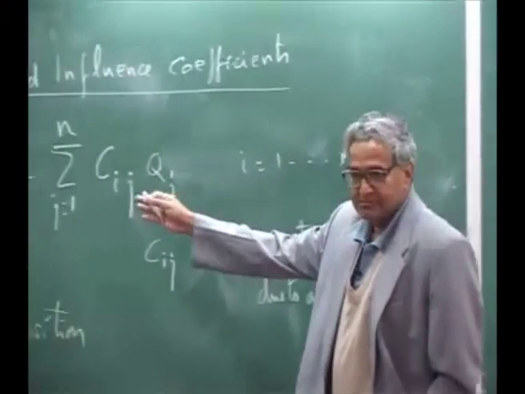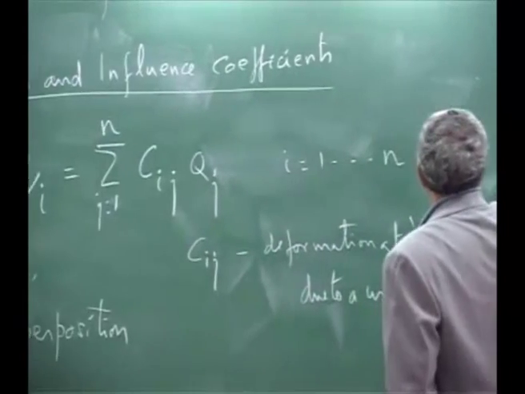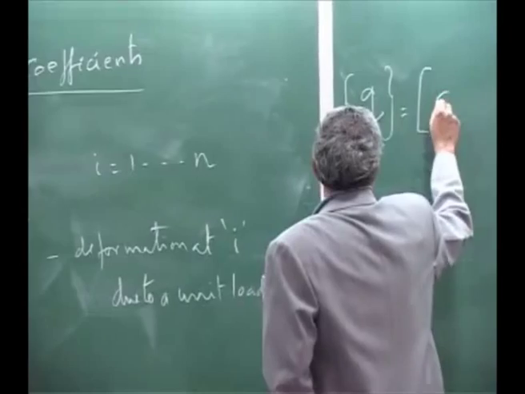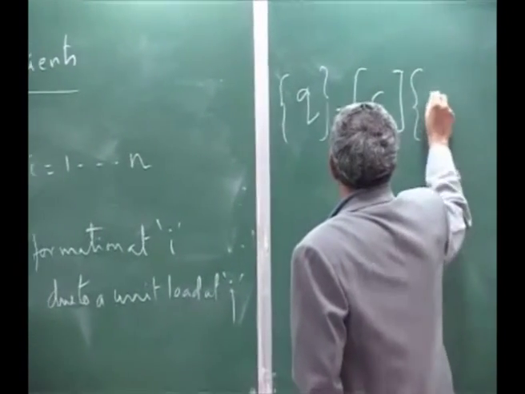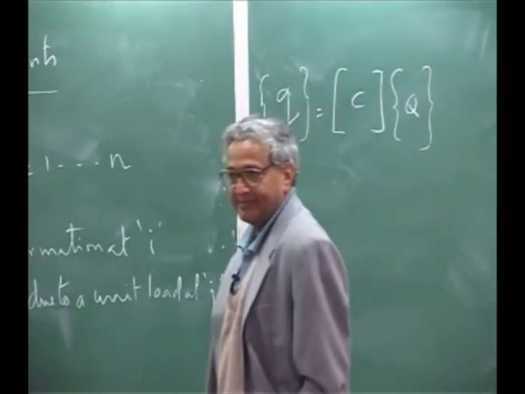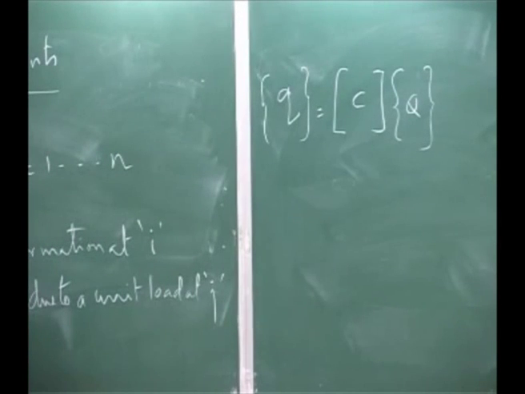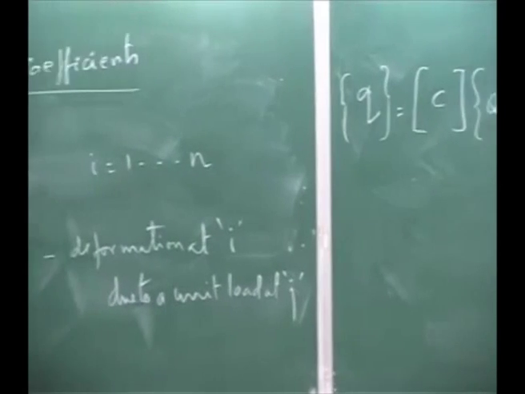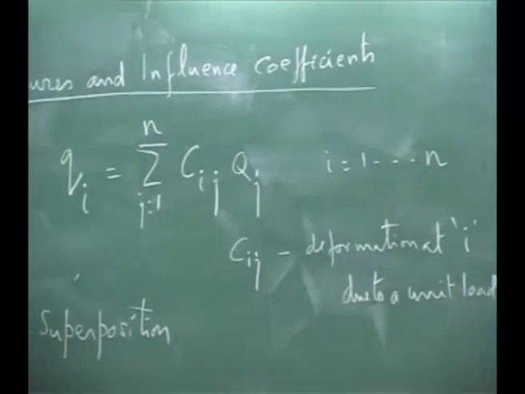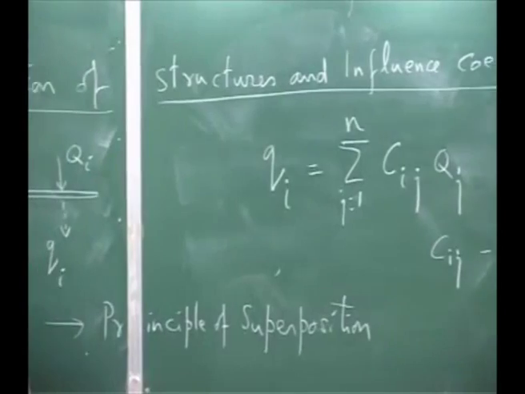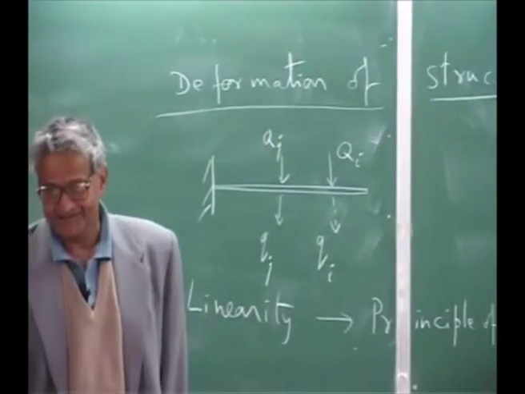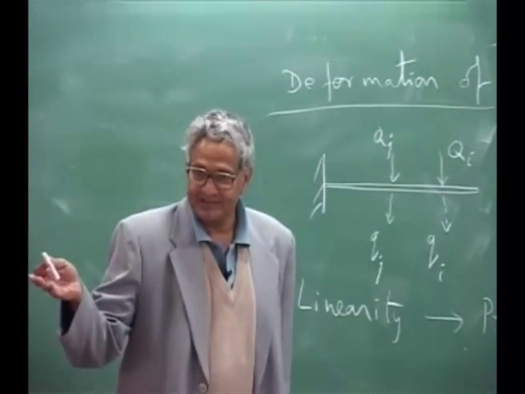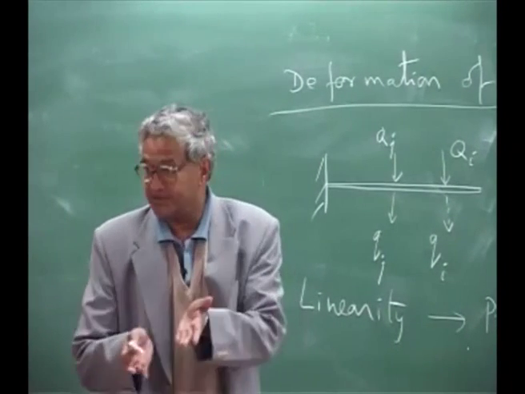Now this you can put it in matrix form, which will come as Q is C. Similarly, you can write the load in terms of deflection. Like spring, you write it F is equal to Kx, where K is the stiffness.